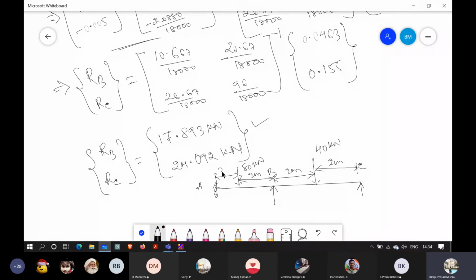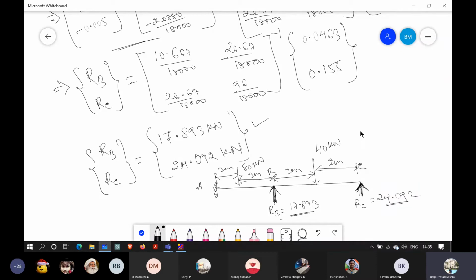This is already given as 2 meters. So RB equals 17.893 and RC equals 24.092. Since these two are positive, the actual reaction will be in this direction, towards the up, in the upward direction.